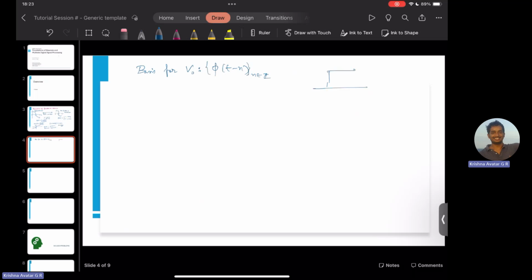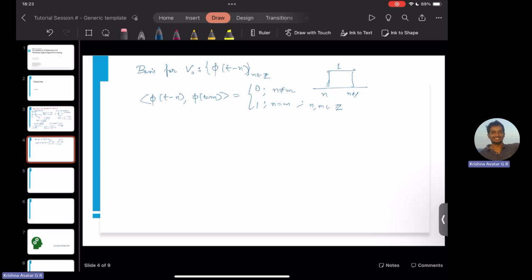This is an expression from n to n plus 1. And this is an orthonormal basis in the sense that the inner product of phi of t minus n with phi of t minus m is going to be 0 for n not equal to m, and 1 if n is equal to m, where n and m both are integers. Fine.